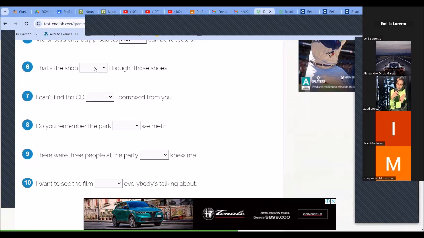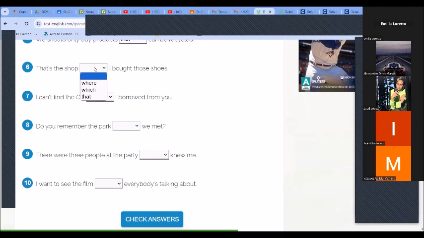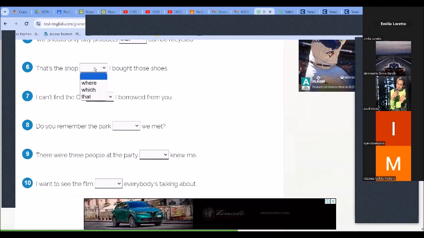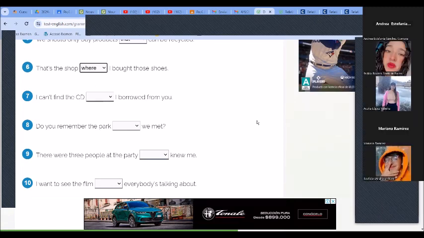Mariana, number 6. That's the shop where I bought my shoes. Good. Probably got a good discount as well. Andrea Estefania, number 7.